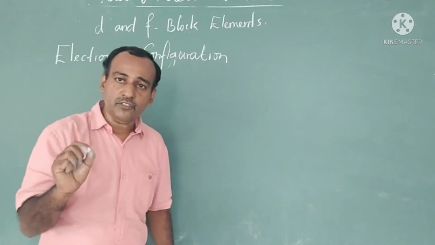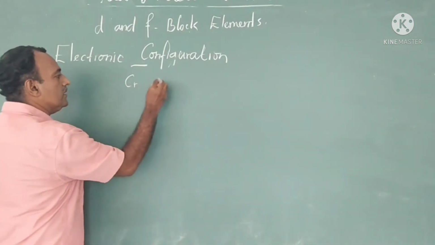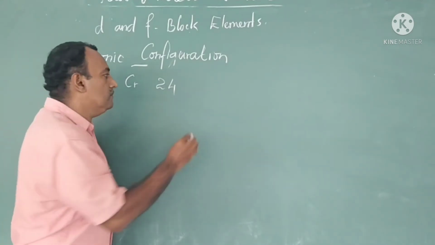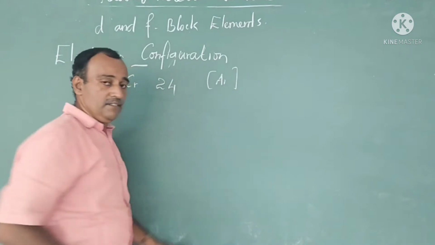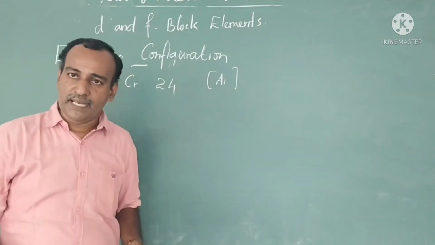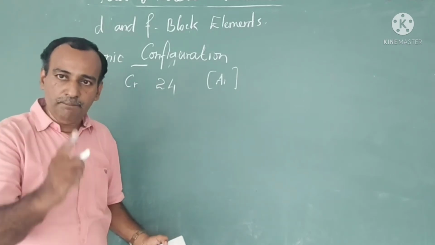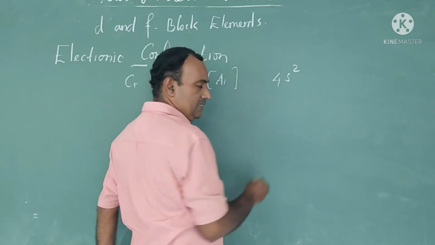If you write the electronic configuration of chromium, atomic number 24, argon in square bracket accounts for 18 electrons. We know that after completing the 3p orbital, the 4s orbital will complete.